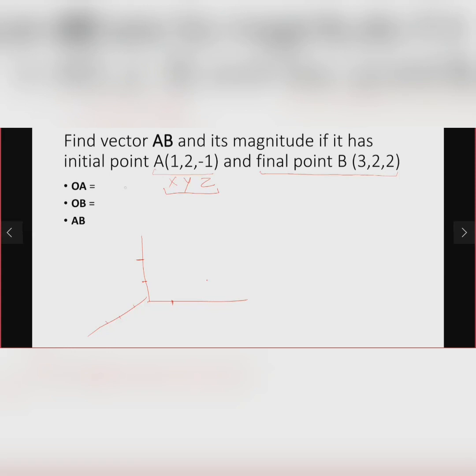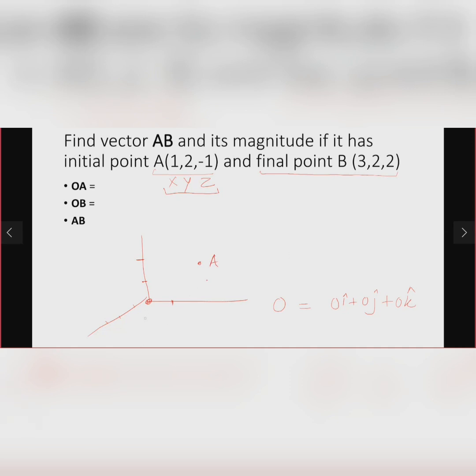So what would be the OA vector then? What are the coordinates of the origin? 0i, 0j and 0k hat. So when I have to find the vector OA, how do I find it?